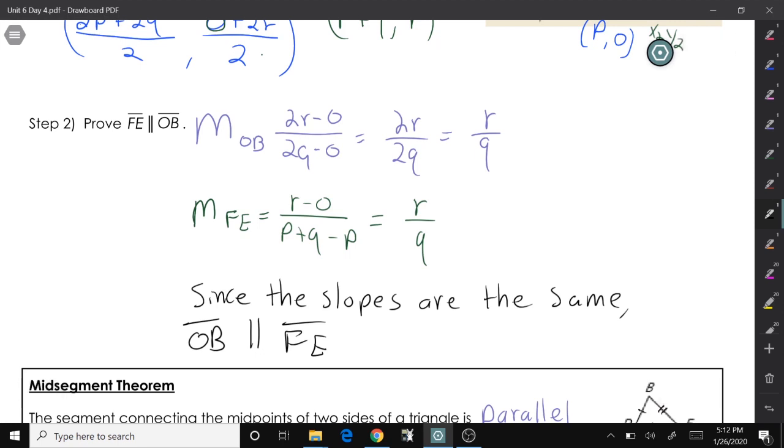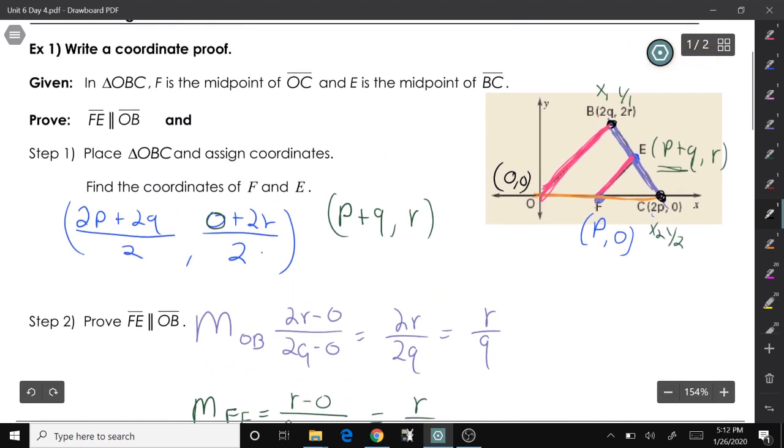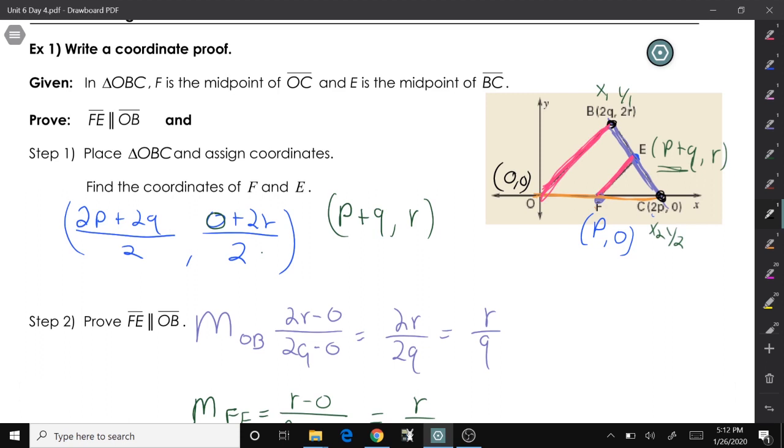So again, to recap, first we found the coordinates of E and F because we needed them to calculate the slope. Then we found the slope between B and O, and then from E to F, this point to that point.